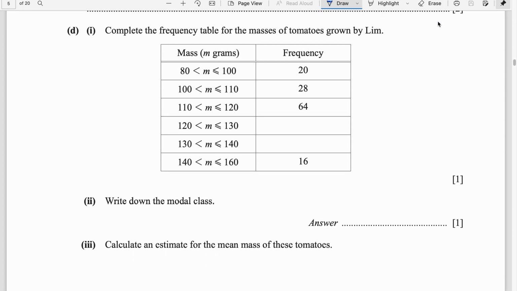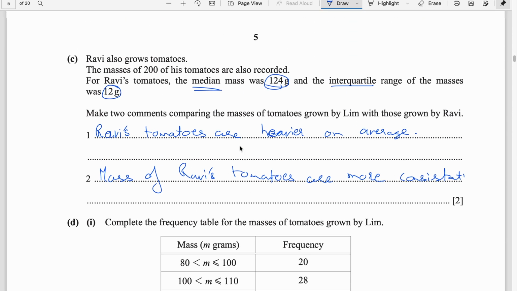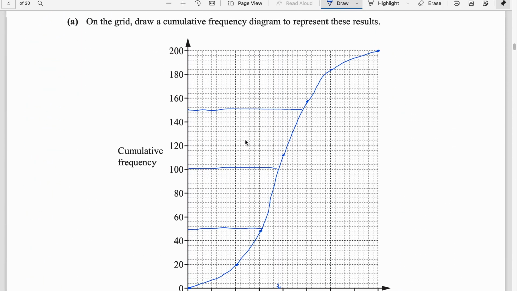Complete the frequency table of masses of tomatoes grown by Lim. So from 80 to 100 we have 20, then 28, then 64, and we can solve this by just looking at the cumulative frequency. At 130 and at 120 we'll read the values.